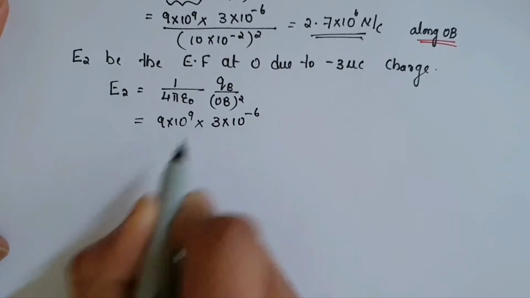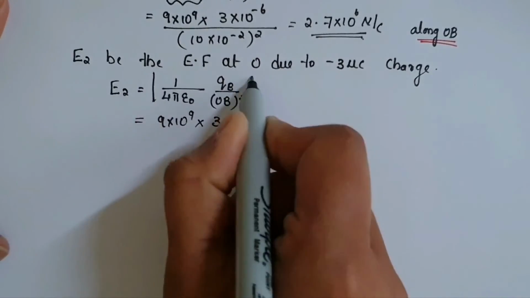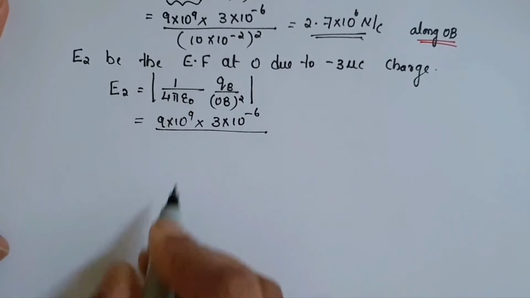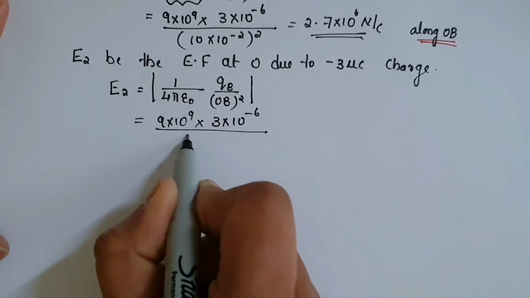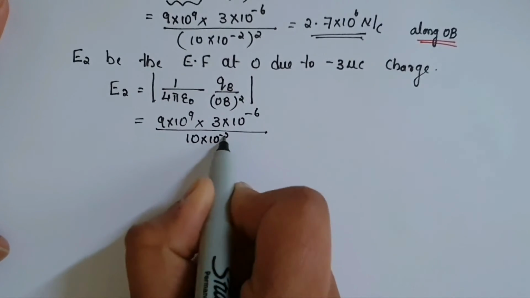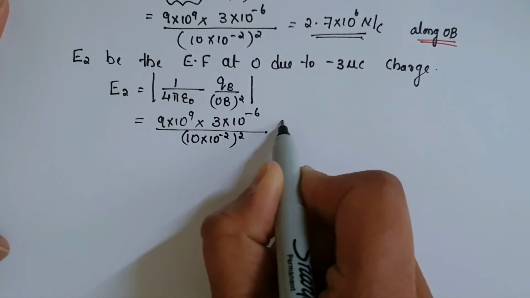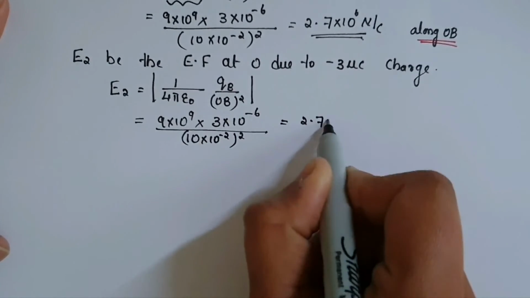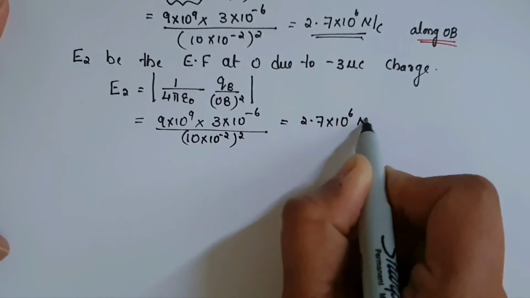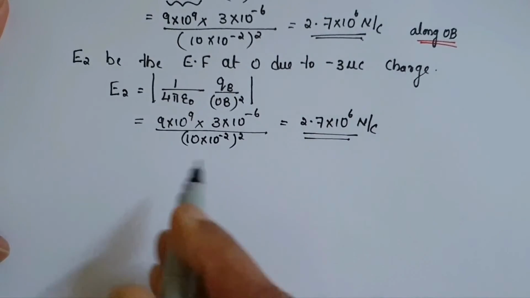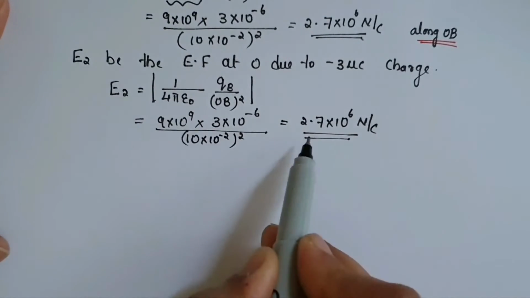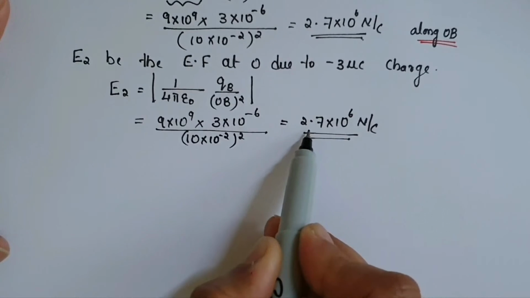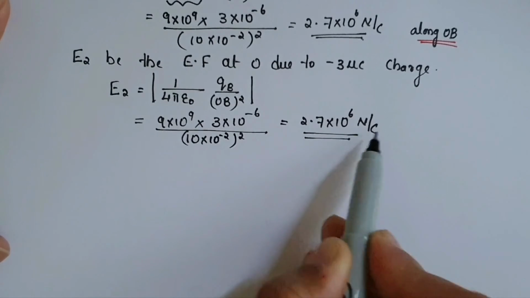We are only taking the magnitude of the value. So all divided by OB square, that is 10 into 10 raised to minus 2 whole square. This is equal to 2.7 into 10 raised to 6 Newton per Coulomb. So electric field at O due to minus 3 microcoulomb is 2.7 into 10 raised to 6 Newton per Coulomb.